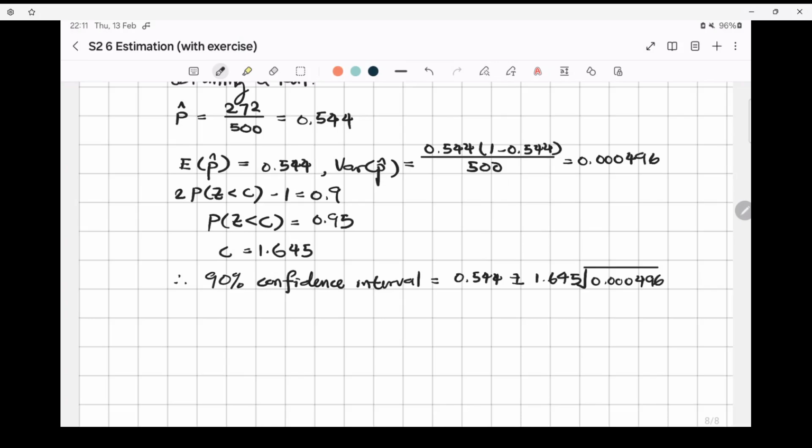Okay, so in the end you will get something like this. So that will be your 90% confidence interval.